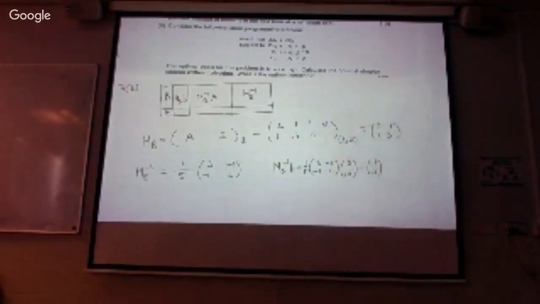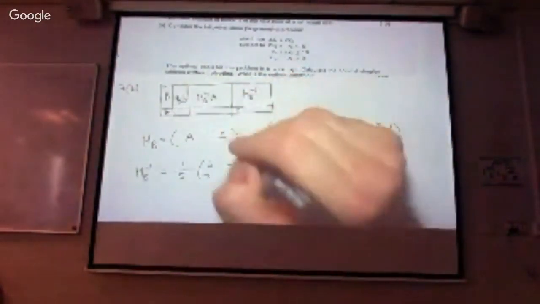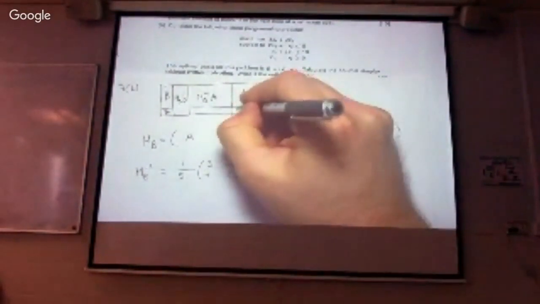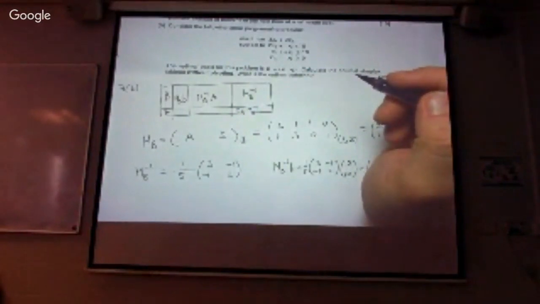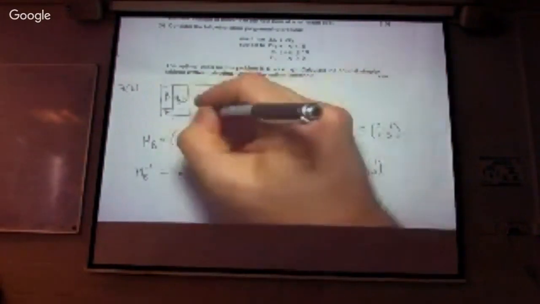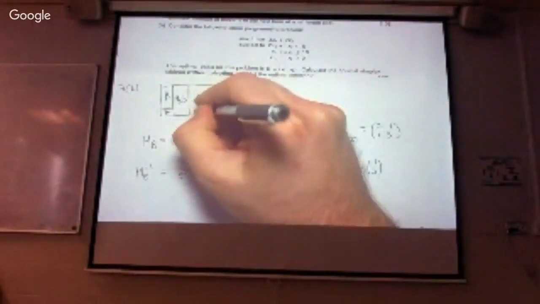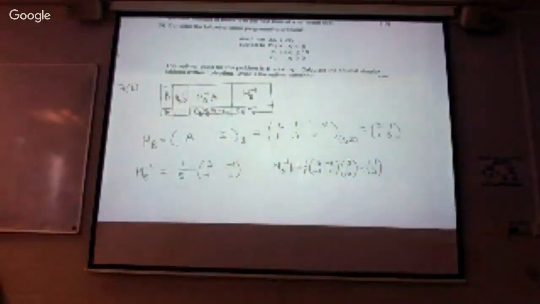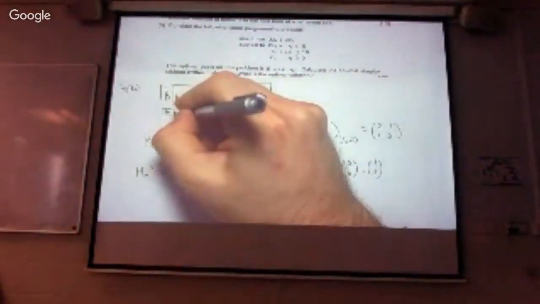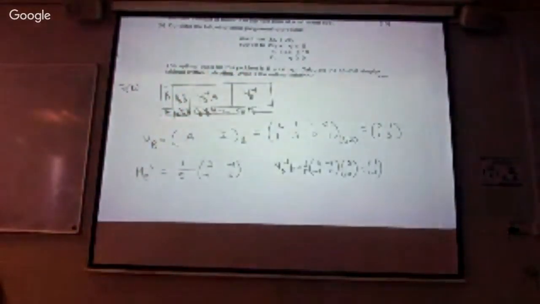Now, this is CB MB inverse A minus C. This is CB and B. We don't have to do it in matrices.